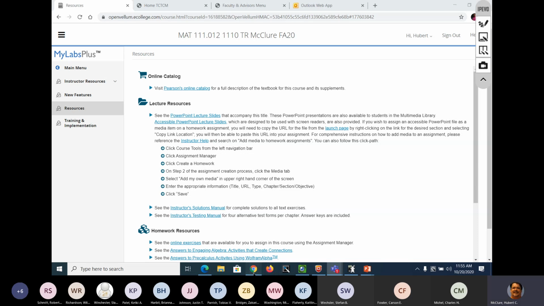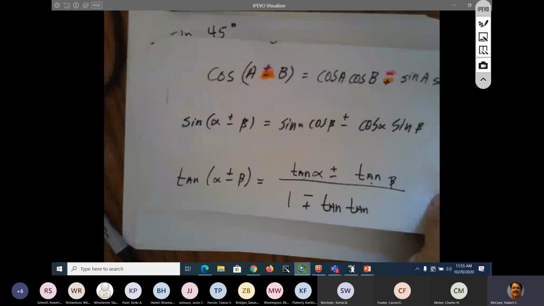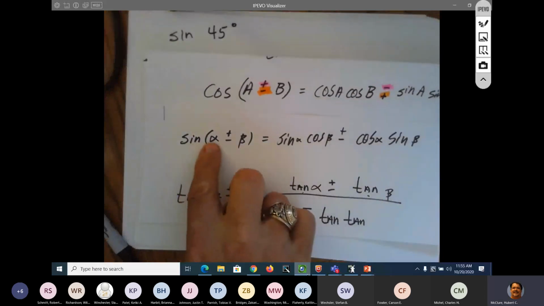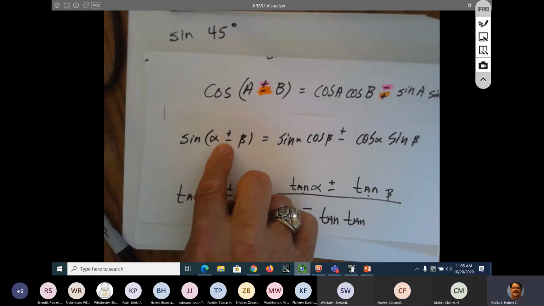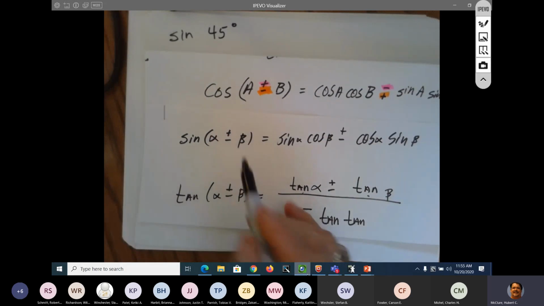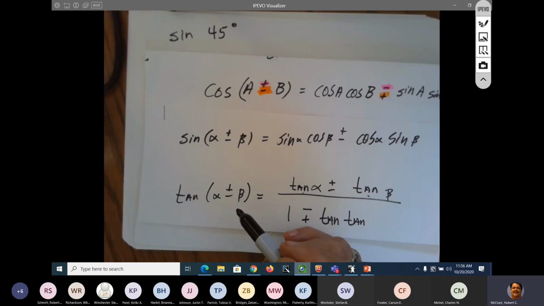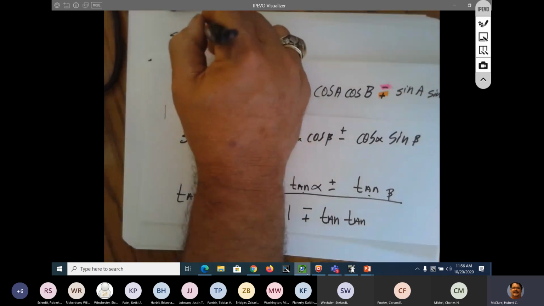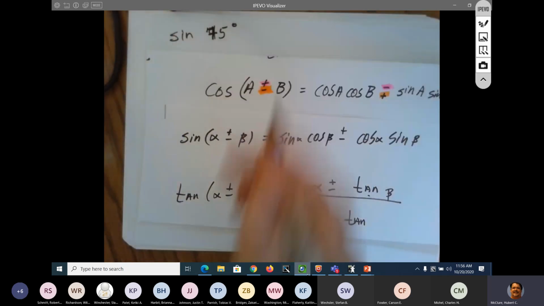We are going to use the sine of either alpha plus or minus beta. Now, 45 is, oh, that's supposed to be 75. I'm sorry. I told y'all 75, I hope.